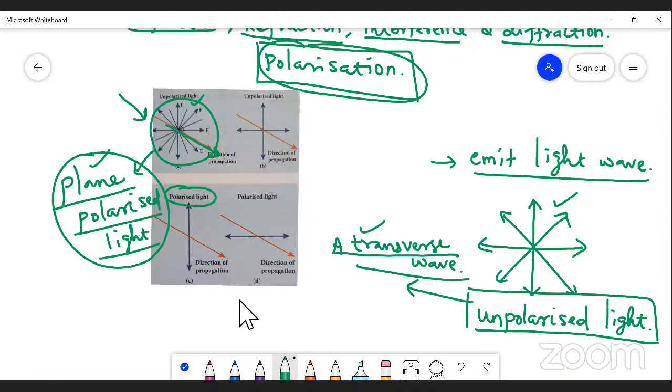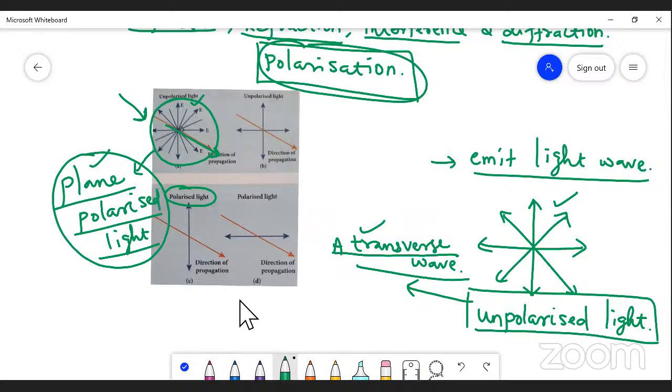Whereas plane polarized light is obtained from unpolarized lights. So from unpolarized light, we can get plane polarized light. And third one, unpolarized light is always symmetrical about the ray direction, whereas the plane polarized light is asymmetrical about the ray direction. So these are differences between unpolarized light and the plane polarized light or polarized light.